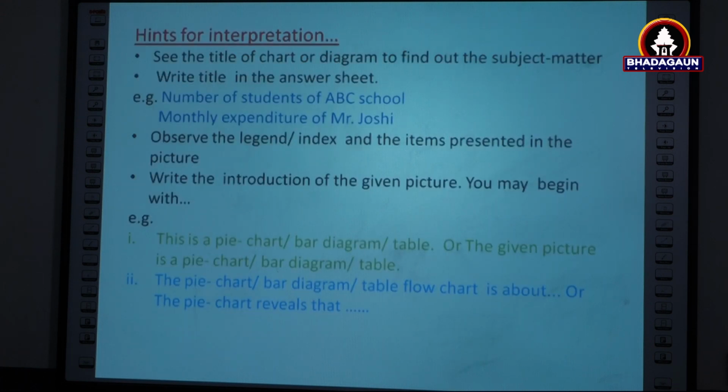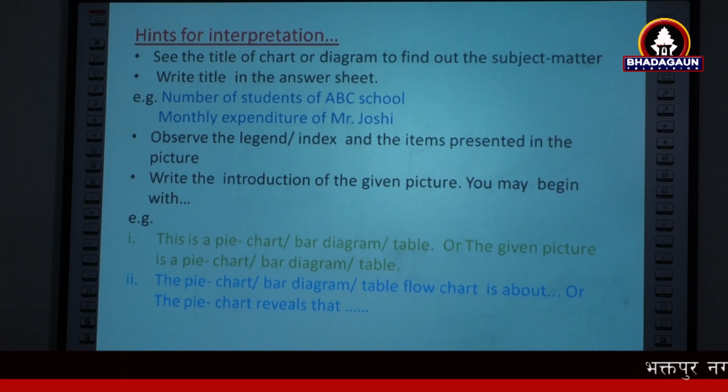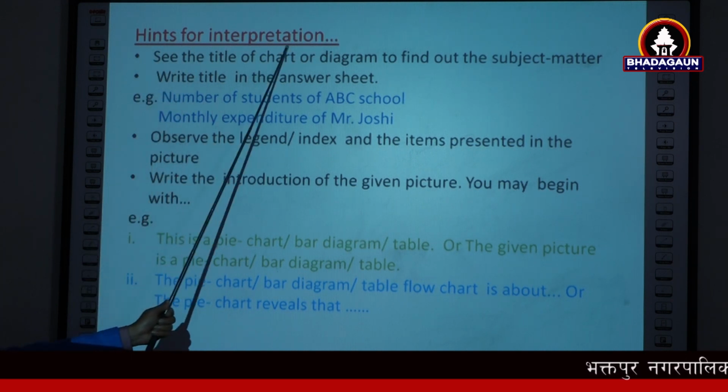Before changing those para-orthographic texts into orthographic form, that is paragraph form, we have to think about some basic things, some points we have to consider in our mind. So I have given some hints for the interpretation.